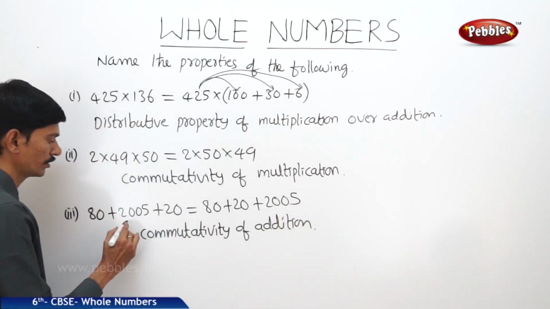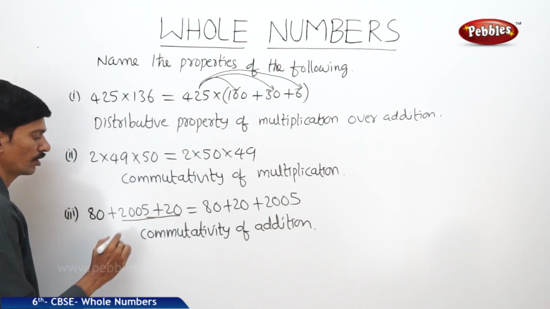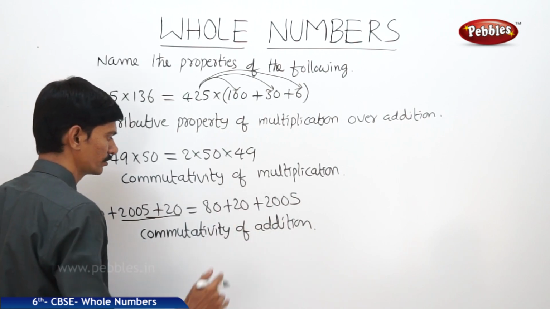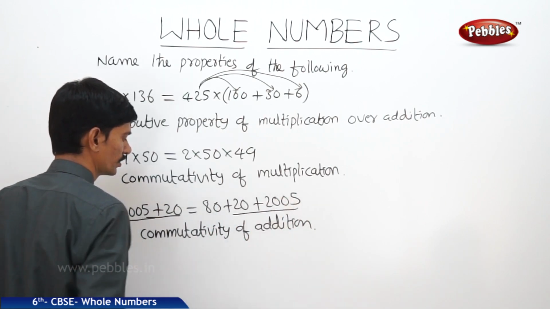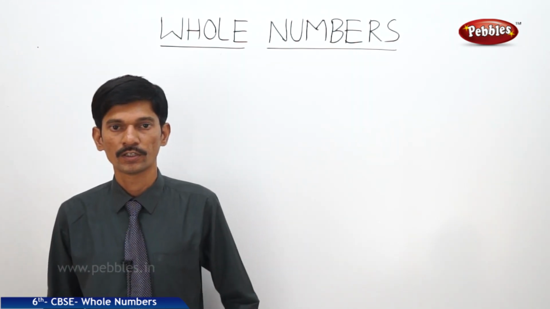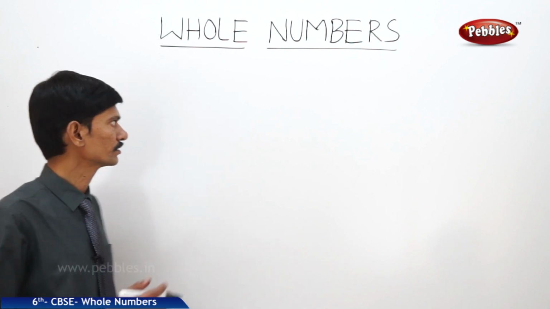Because we have interchanged these two whole numbers 2005 and 20 as 20 and 2005, so this property is known as commutativity of addition.